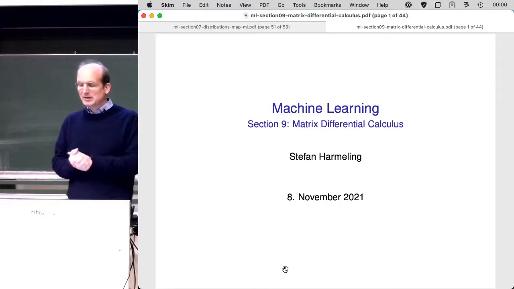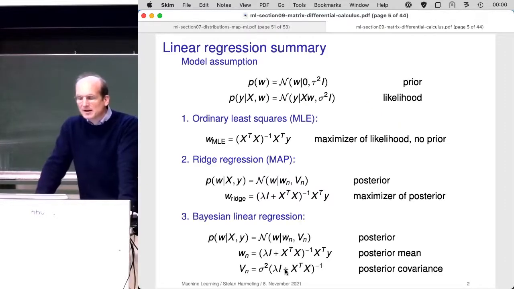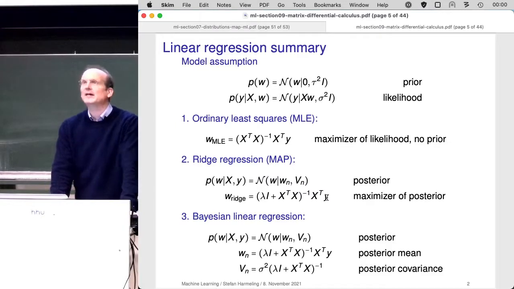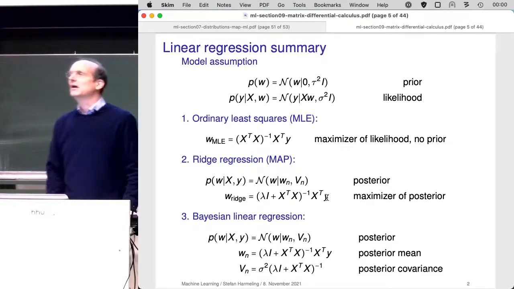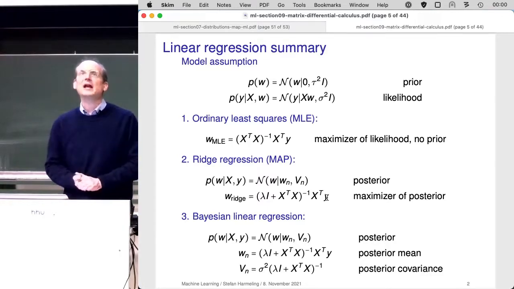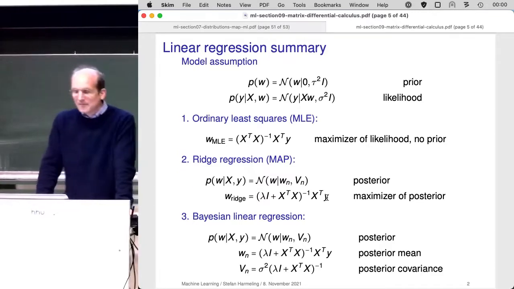So now why do we need matrix differential calculus? We need it, for example, in linear regression to derive these formulas here, to minimize the log likelihood for a Gaussian distribution. In order to derive this formula, we need some way to calculate derivatives. However, typically in school, you only learn to calculate derivatives for scalar functions, so a scalar input and a scalar output.